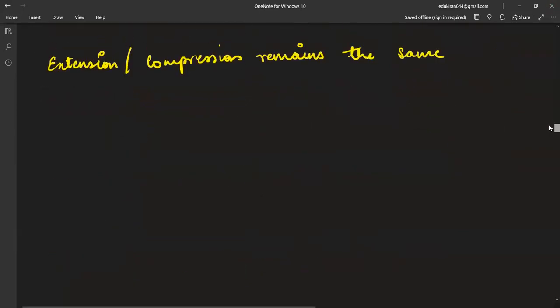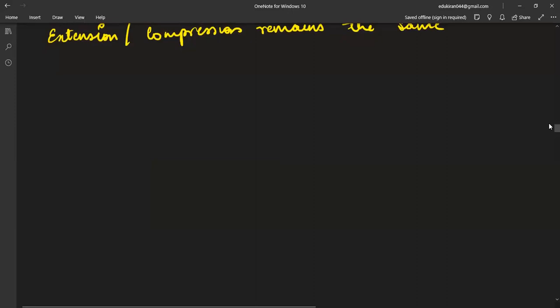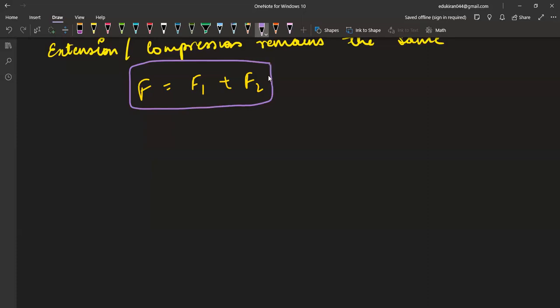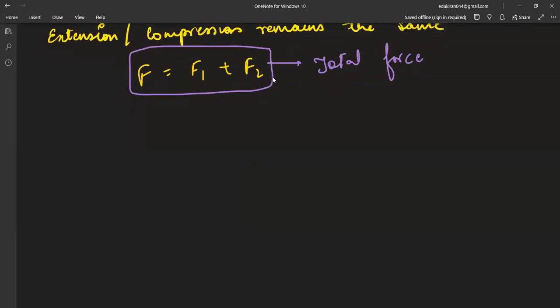Anyway, so here the forces are different, so I'll add the forces.